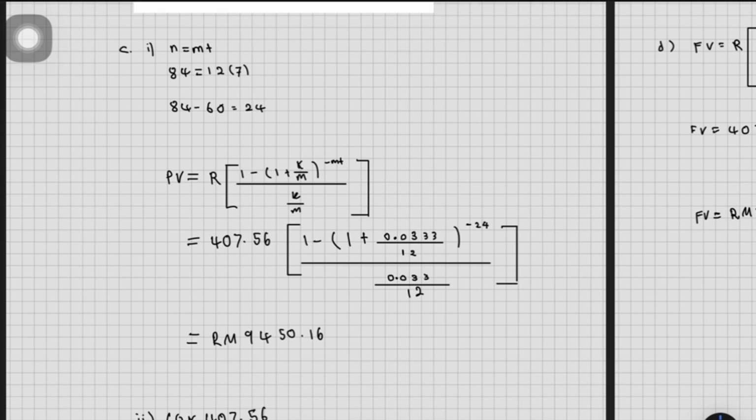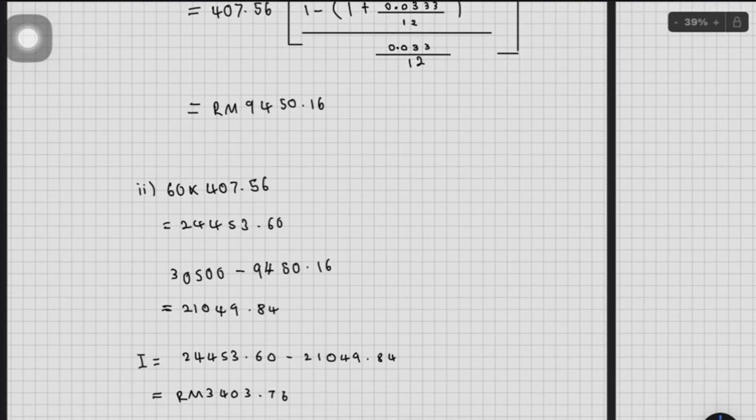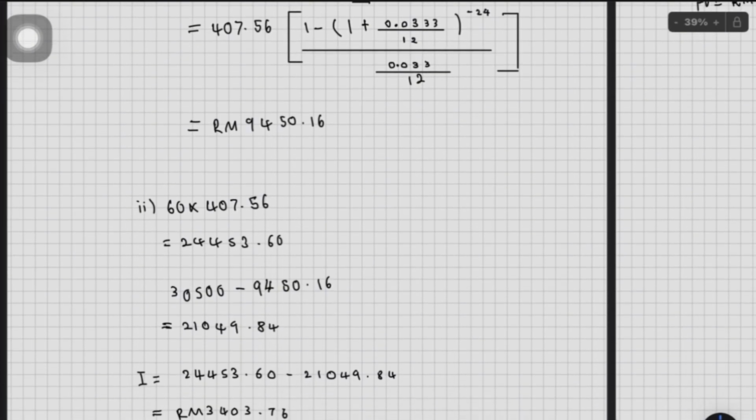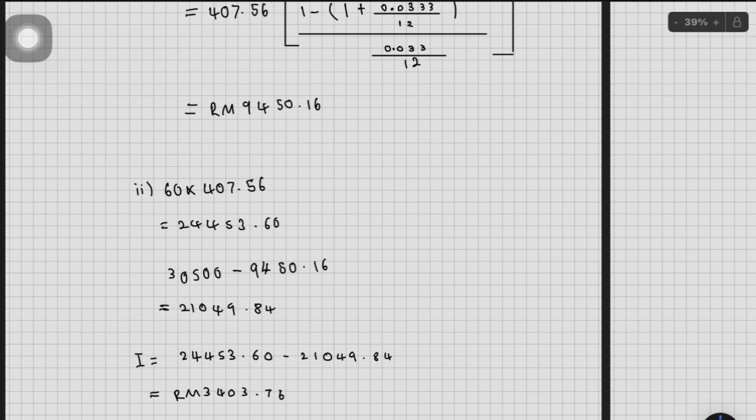For question C2, I first calculate the total amount paid over 60 months, which is 60 times 407 ringgit and 56 cents, which equals 24,453 ringgit and 60 cents.